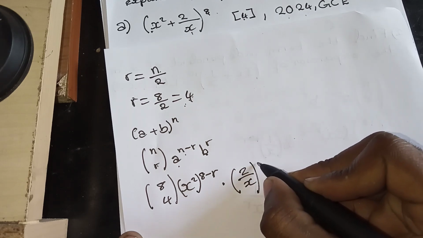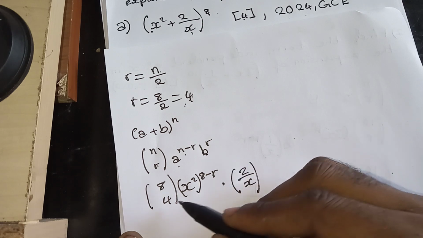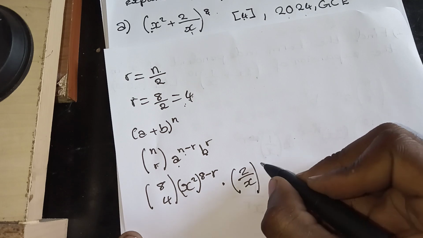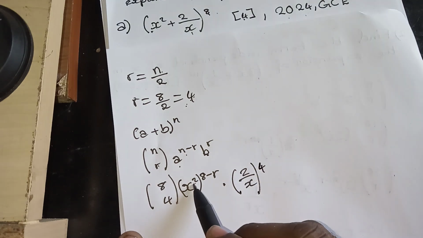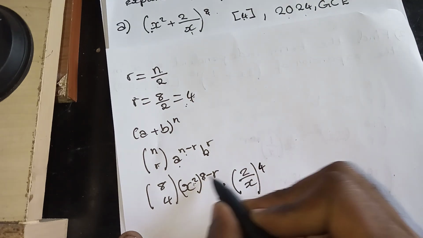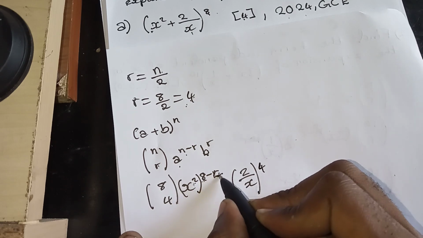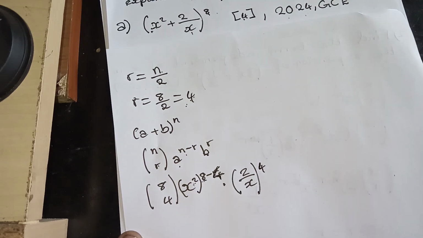I almost said our midterm is independent of x, but I've just realized that this one has a power, so it's not the middle term. Okay, so our r here is 4. Let me just correct this.